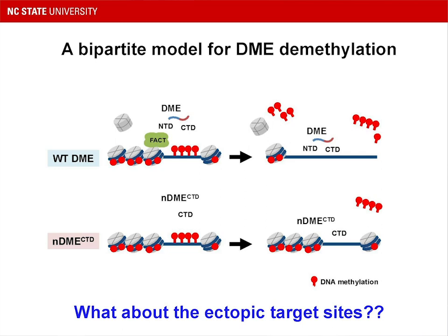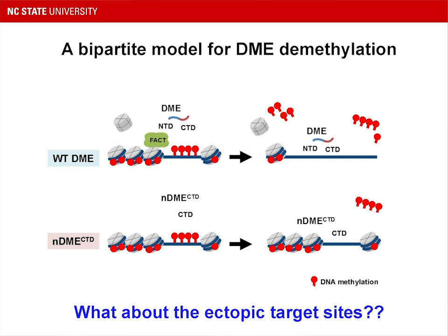In the C-terminal version of the enzyme, it also knows where to go, but it gets stuck. So when it encounters the nucleosome, it doesn't move forward. At least, that's what the data is telling us.